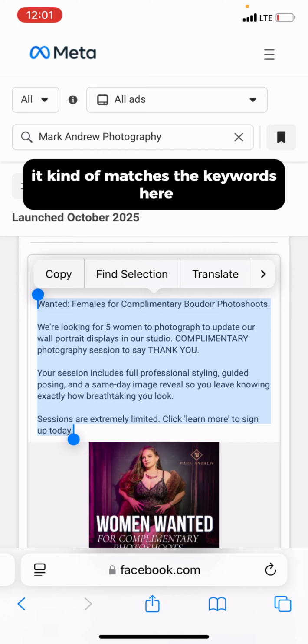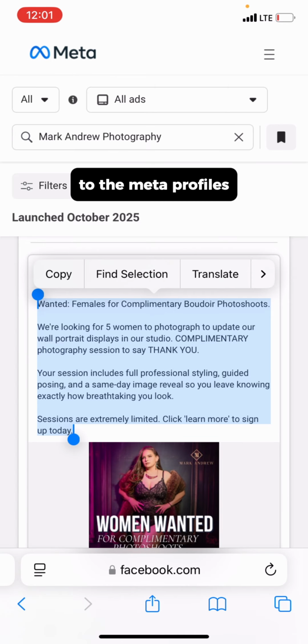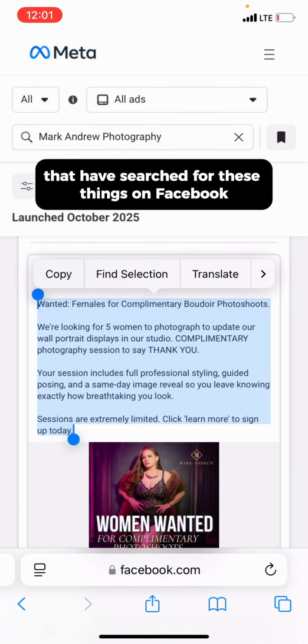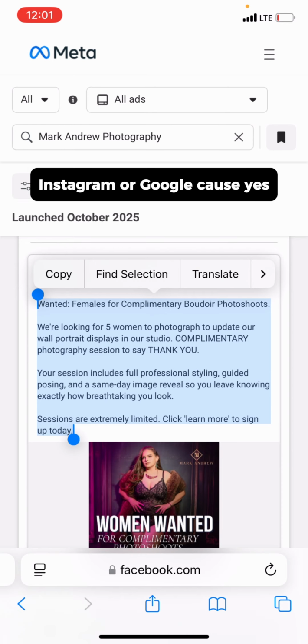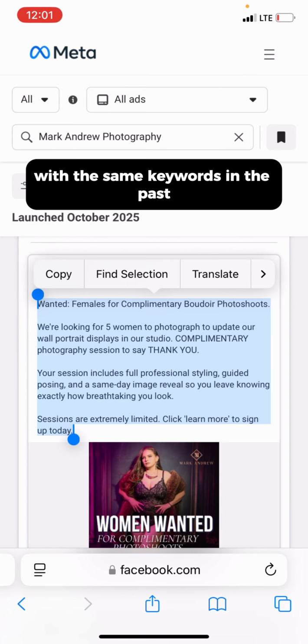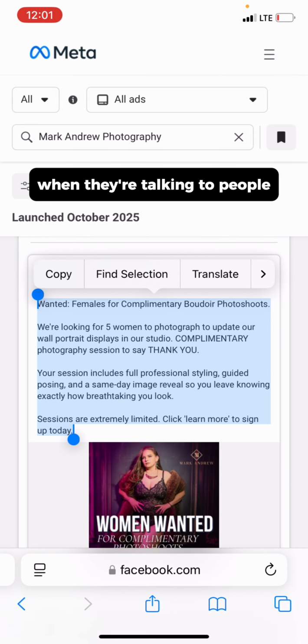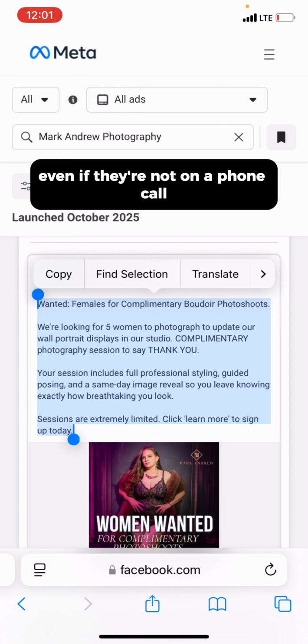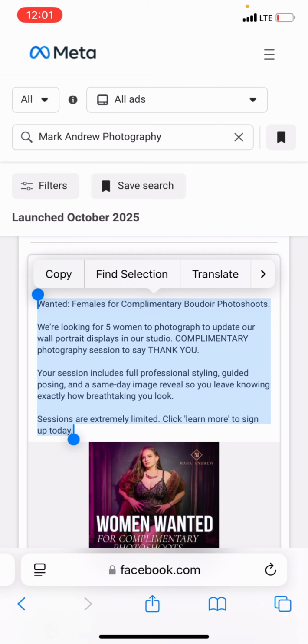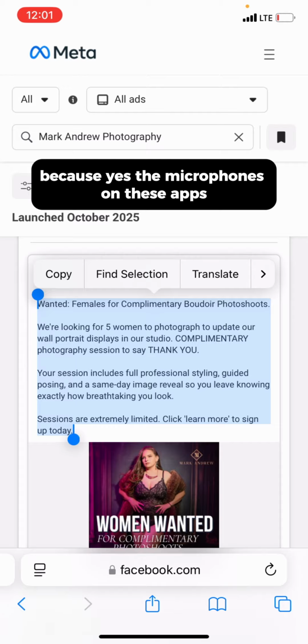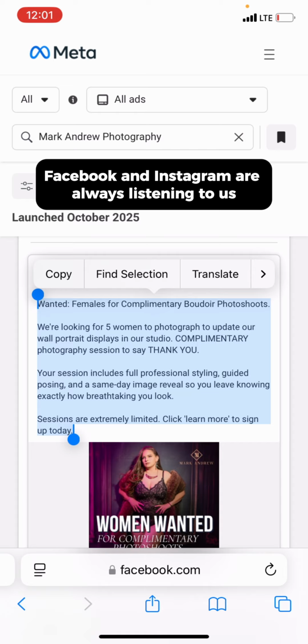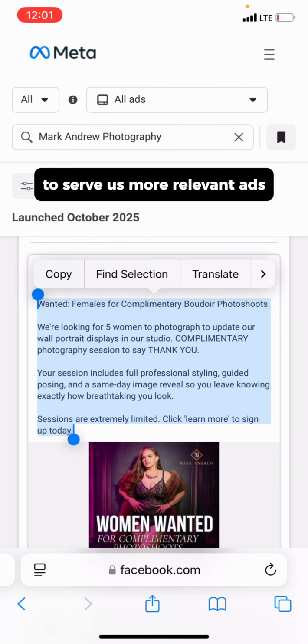It matches the keywords to the Meta profiles that have searched for these things on Facebook, Instagram, or Google, because yes, they all share data, or have engaged with ads with the same keywords in the past, or have the keywords on their Meta profile from just having their phone around them when they're talking to their friends, even if they're not on a phone call, even if they don't have the app open. Because yes, the microphones on these apps, Facebook and Instagram, are always listening to us, sucking the keyword data in and pasting it to our Meta profile to serve us more relevant ads.